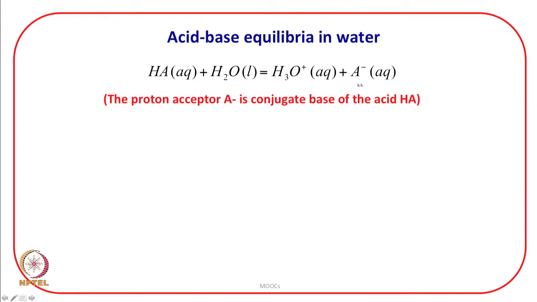Let us consider this equation or this reaction in which HA is interacting with water and donating a proton to water, forming H3O plus and A minus, all are in aqueous solution, and this H3O plus is called hydronium ion.